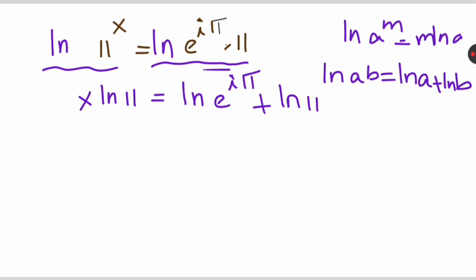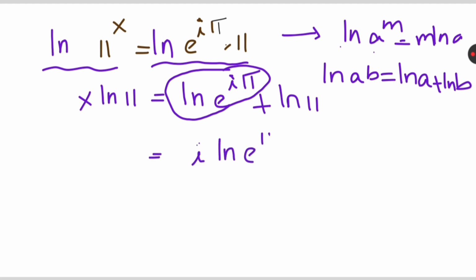So this also is in the form of ln of a raised to the power of m. We can write this as m times ln a. So we can write this as i times ln e raised to the power of pi. Now observe these two are opposite functions. So after getting cancelled, we are left with only pi. So i pi plus log 11.